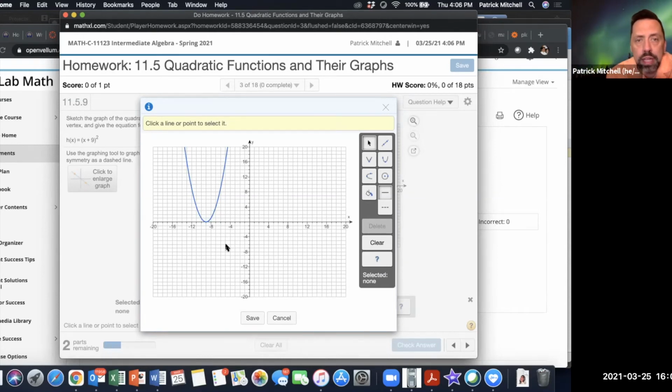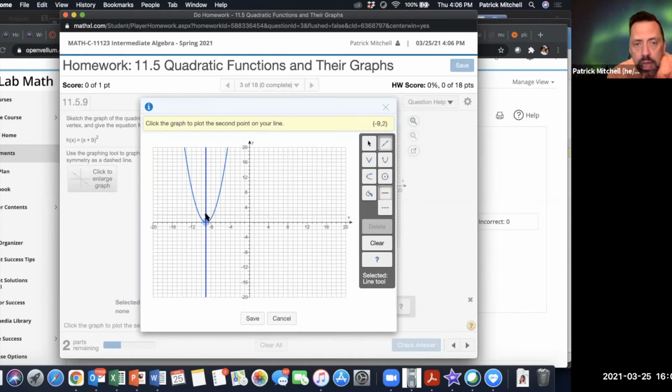The other thing that they wanted me to do was to graph the axis of symmetry. So now I have to go to the line tool, and it's saying click the graph to plot the first point on your line. For this, I usually just use the vertex. We know it passes through the vertex. And then for your second point, just use any point that is directly above or below the vertex. Remember, the line is vertical.